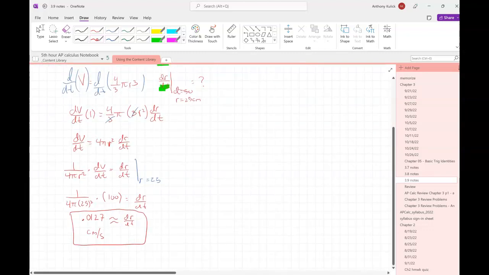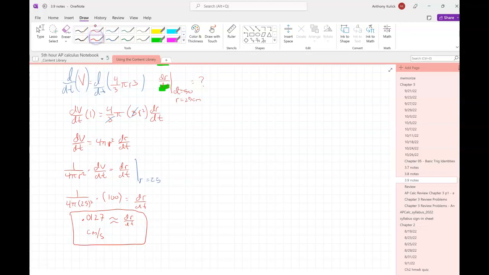Sure. So d/dt times 4/3. Yeah. And then you broke it down to 4/3 pi times the derivative of r cubed.